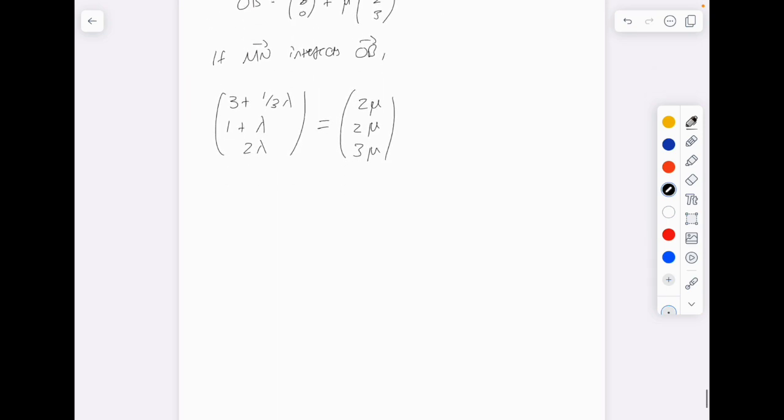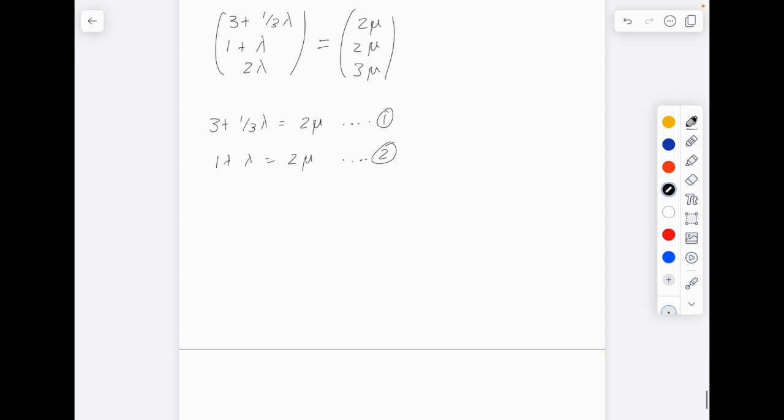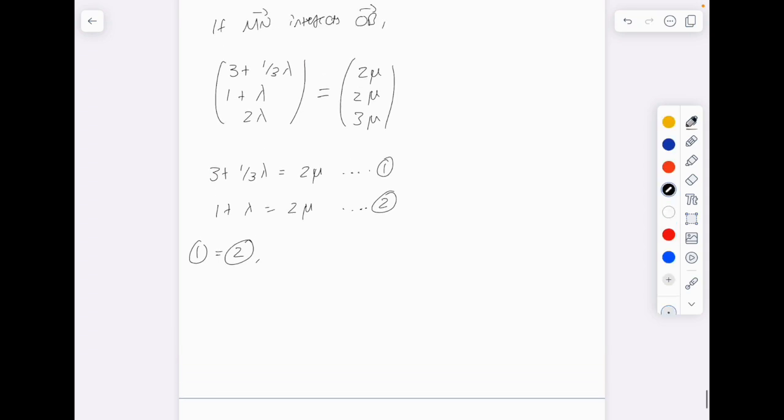And this is actually an easier equation than we think, okay? Because we can say 3 plus a third lambda is equal to 2 mu, which is our first equation. 1 plus lambda is equal to 2 mu, which is our second equation. We can therefore solve this: 3 plus lambda over 3 is equal to 1 plus lambda.